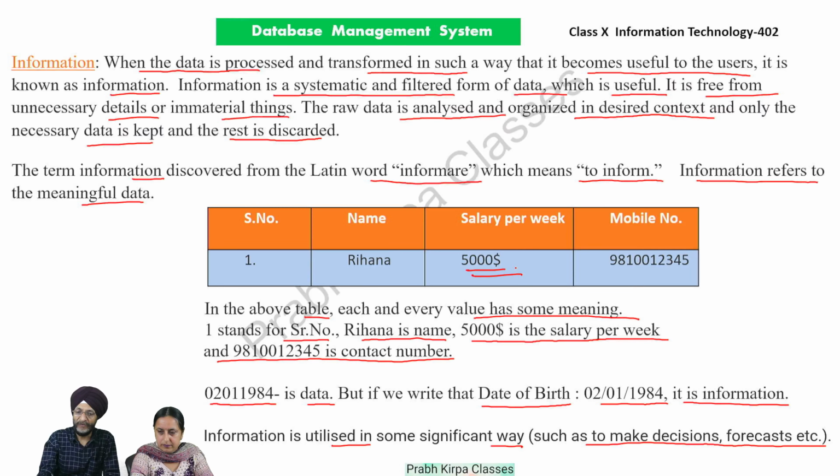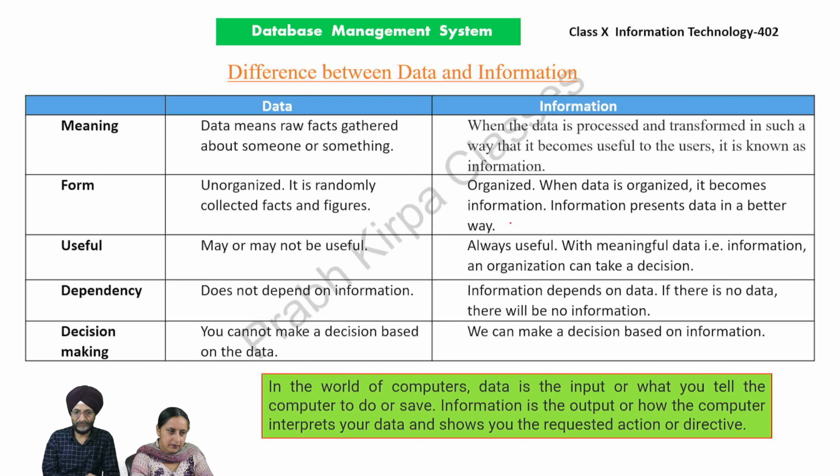But here, when we have assigned specific clarity, that is, one stands for serial number, Rihanna stands for name, and $5,000 stands for salary per week, this raw data has now been converted into information, and only on the basis of the information can we take any decision. On the basis of data, we cannot take any decision or forecast.